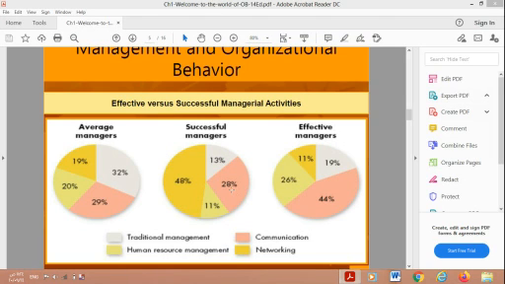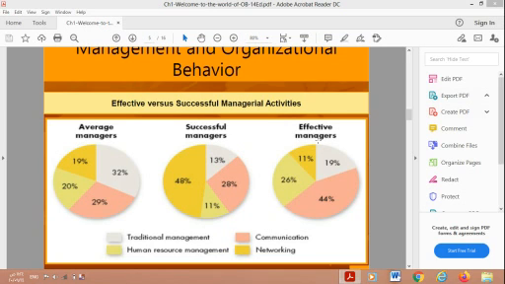So for the successful manager, networking made the largest relative contribution to success, and human resource management made the least relative contribution. What do we mean by the effective manager? An effective manager is one who has quantity and quality of performance, and a high level of satisfaction and commitment of their employees.